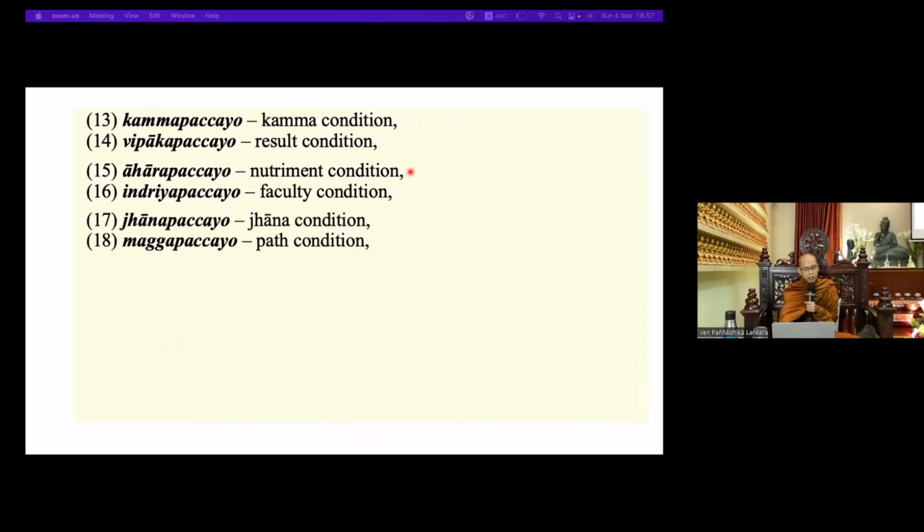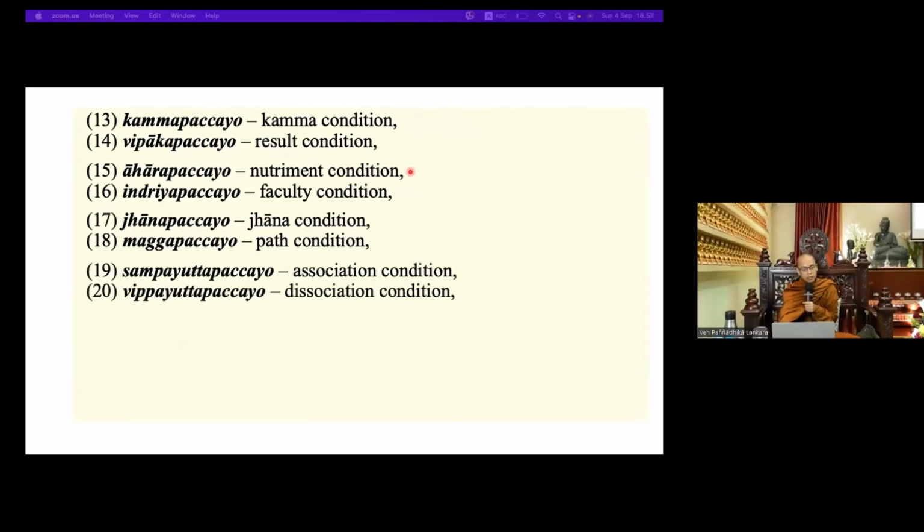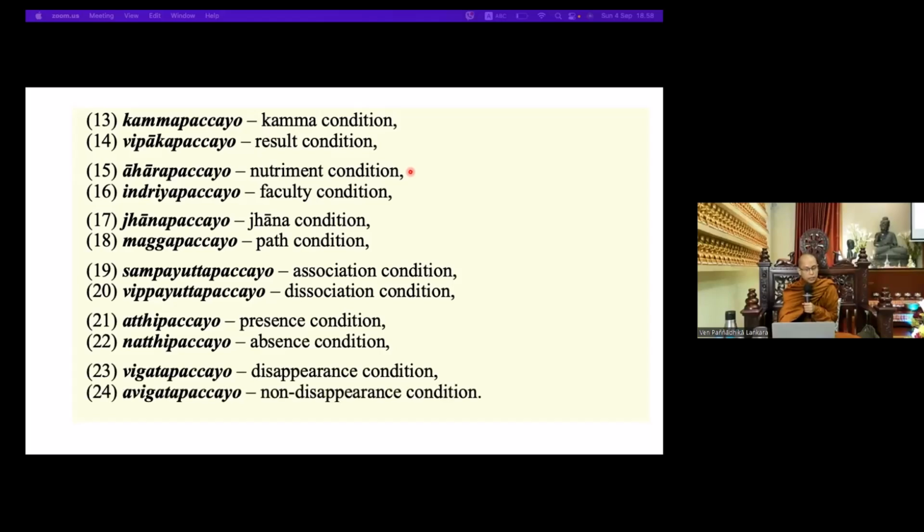Then Ahara, nutriment. We already studied there are 4 nutriments in chapter 7. The Indriya, faculties, also studied in chapter 7. And Jhana Pachaya and Magga Pachaya, Jhana and path. And Sampayutta, association, Vipayutta, dissociation. Atthi Pachaya, Natthi Pachaya, Vigata Pachaya, Avigata Pachaya, very similar in nature.